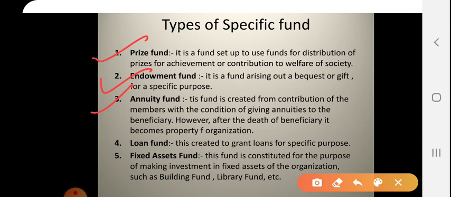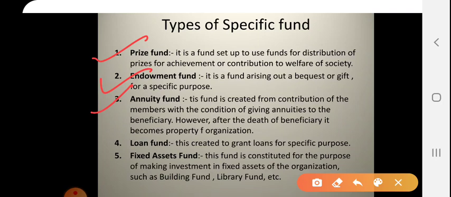So who is the beneficiary? Suppose, for example, Mr. X has given 50,000 to a charitable institution with the condition that after his death, the institution will pay 1,000 per month to his son during his lifetime.